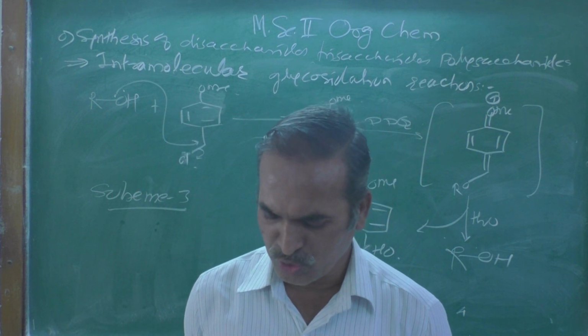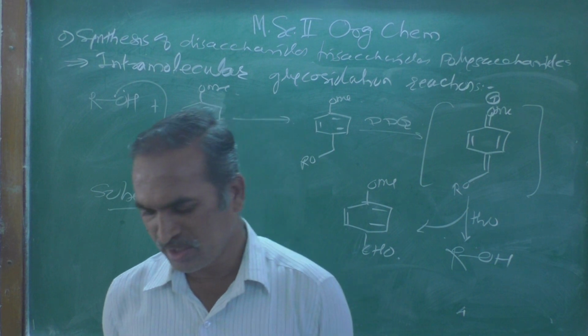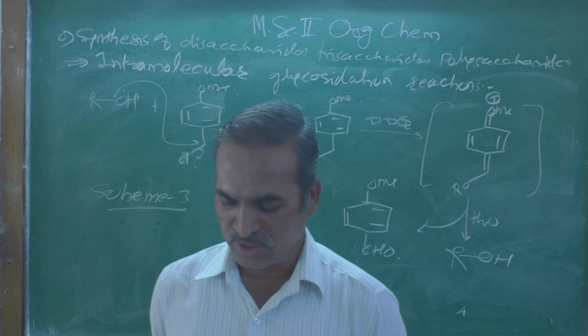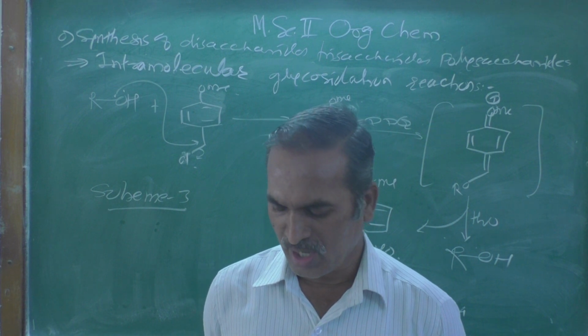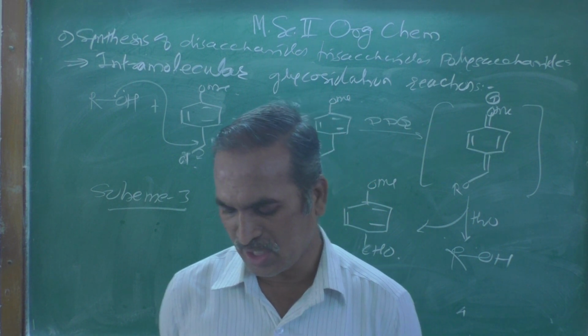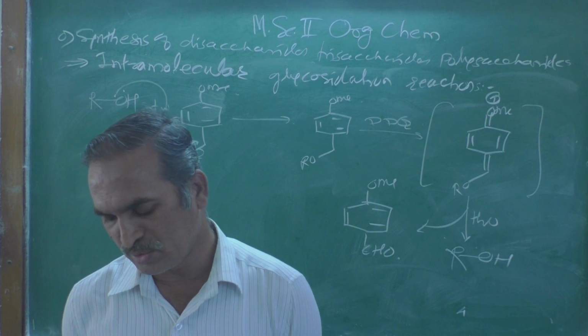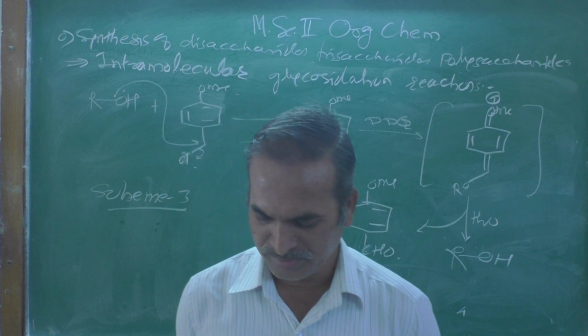The authors showed that treatment of mannosyl donor structure number 8 with DDQ and alcohol A2C gave the mixed acetal 9A to 9C, scheme number 4.